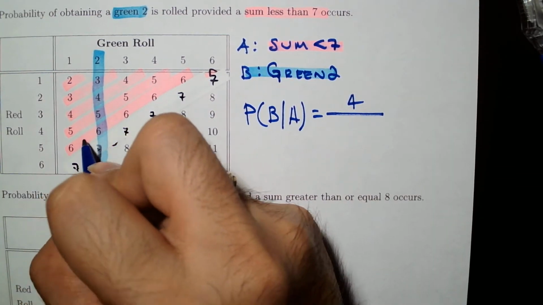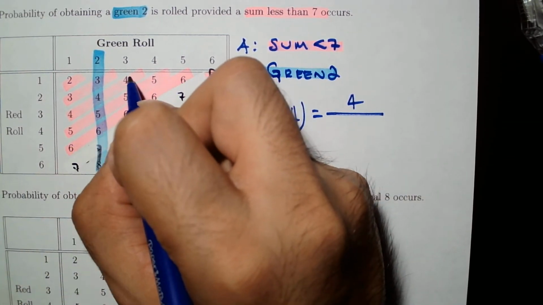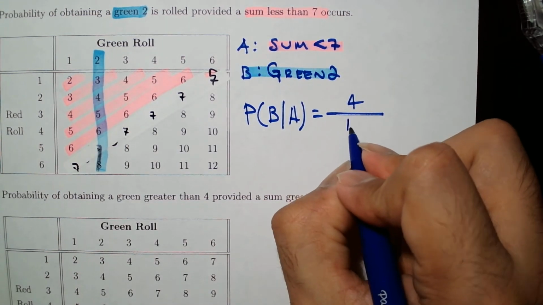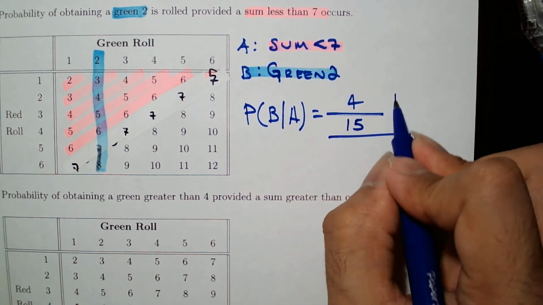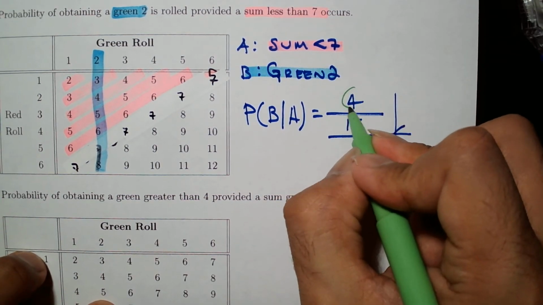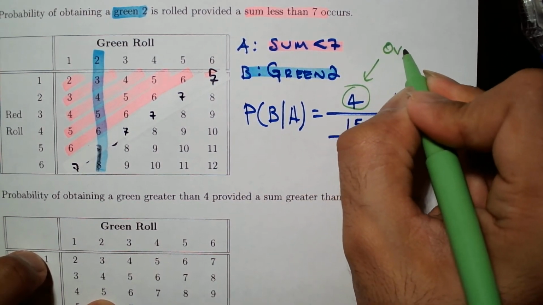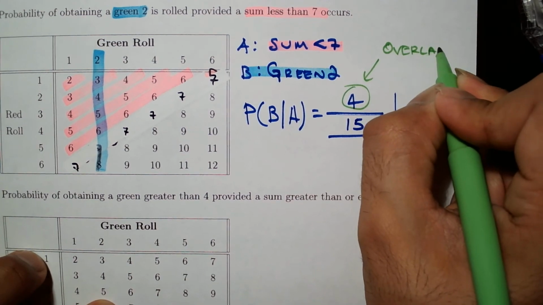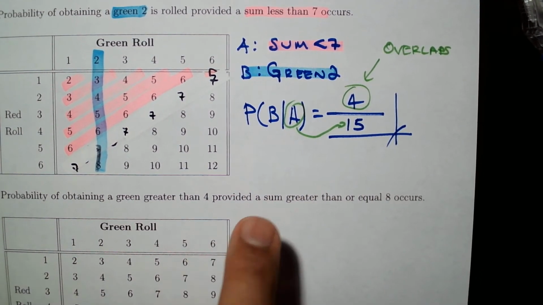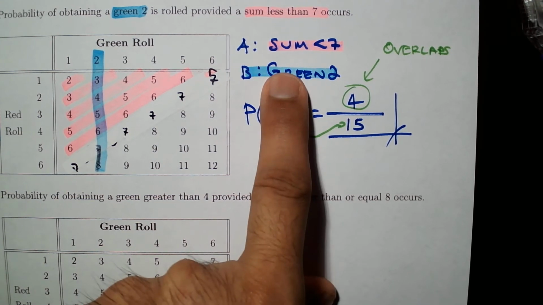So there's a total of 5 plus 4 is 9 plus 3 is 12 plus 2 is 14 and 1 is 15. Again, this is overlaps, and the denominator is the successes for the first event.